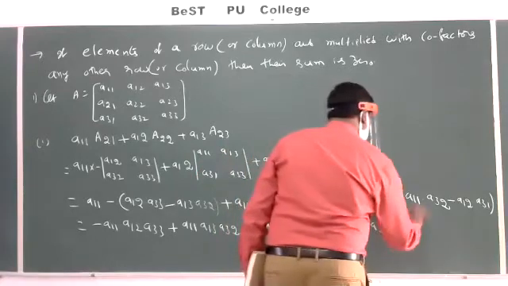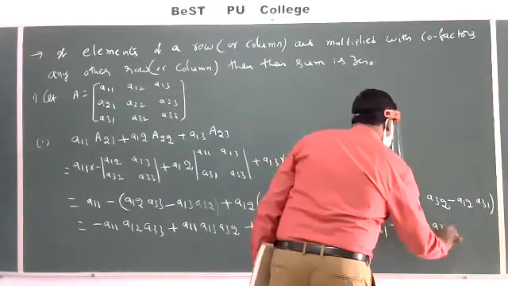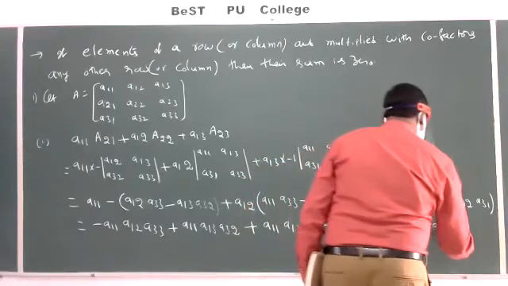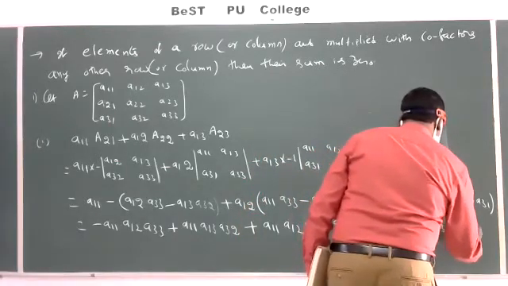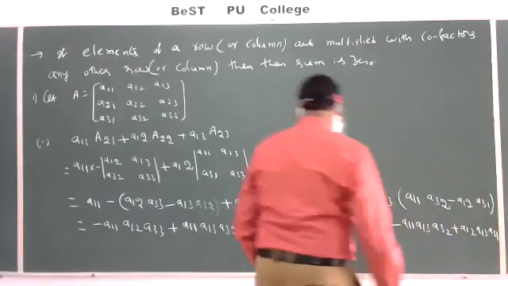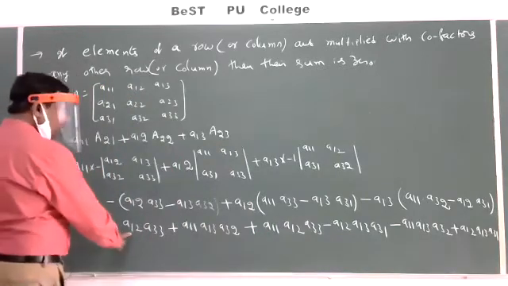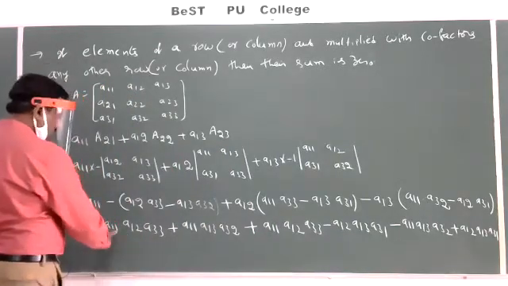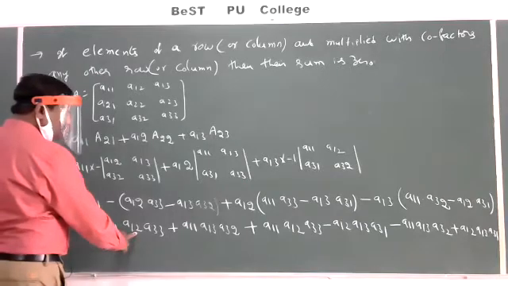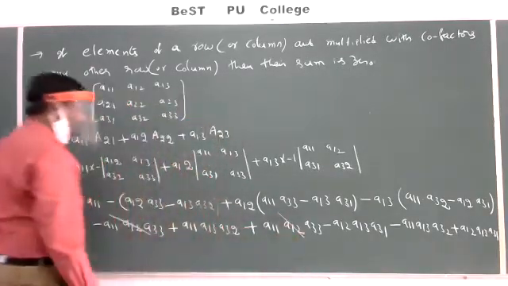Here minus A11 A12 A33 is a minus value and plus A11 A12 A33 is a plus value.